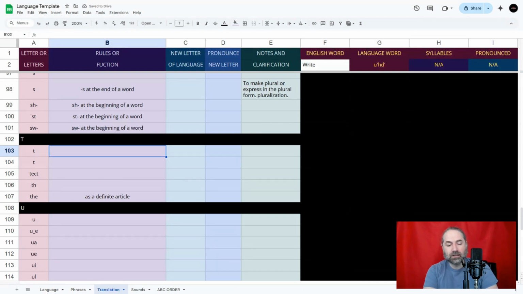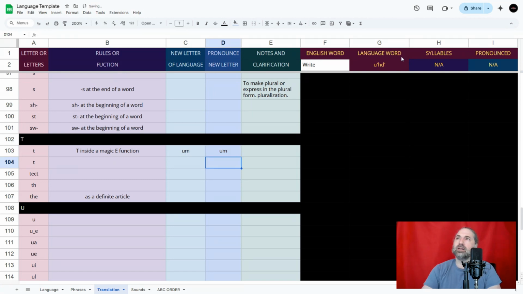This could be a T between, or inside, a magic E function. And the new letter is going to be this, and it is pronounced like so. And there you go. Boom, so there it is.